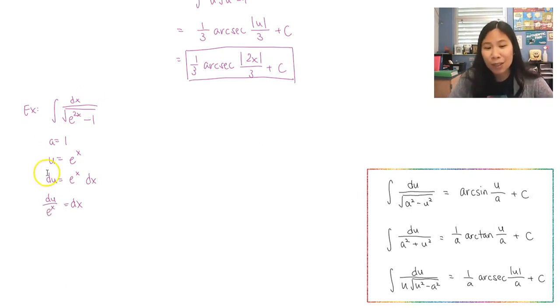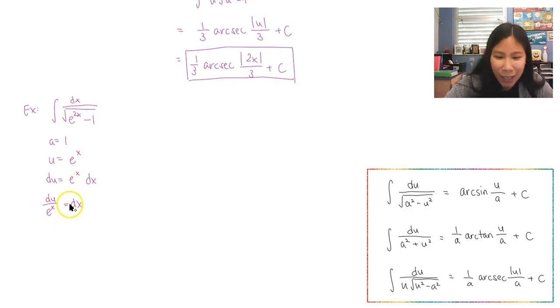Specifically for e to the x, just because its derivative is still itself, remember whenever we find dx, we want something to cancel out with the e to the x. And here we cannot, because e to the x doesn't occur anywhere else. But we also said u equals e to the x.